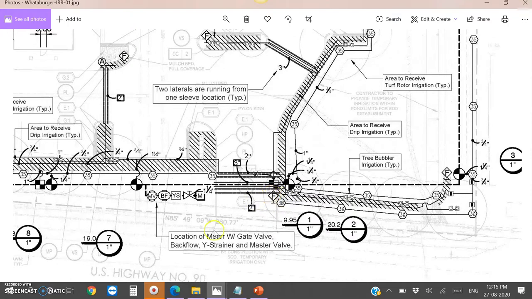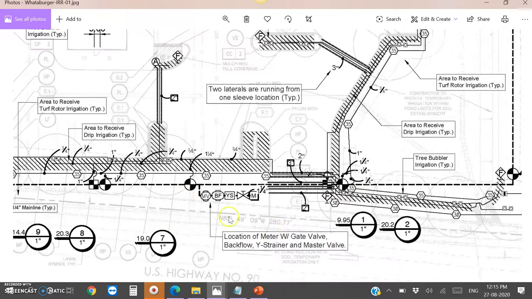This is simple. Similarly, we have connected the bubblers in a separate zone. Look at here, this is bubbler one, and this line goes from this area to this area, and then it goes to this area.